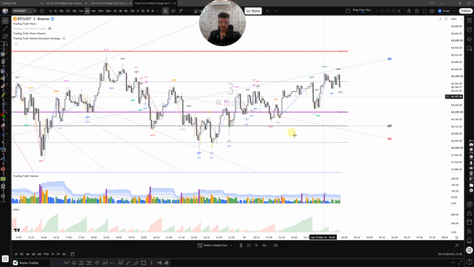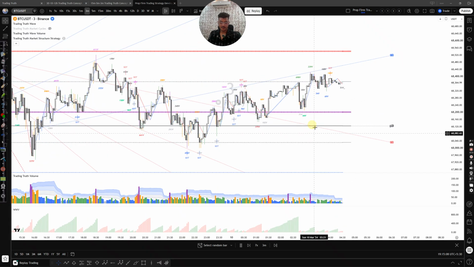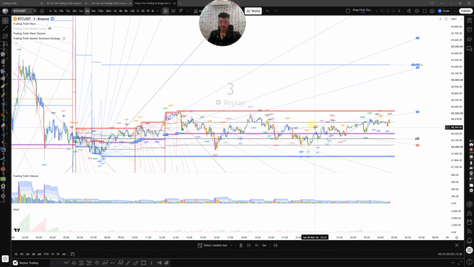Another bullish divergence there, but it wasn't near the trend line.